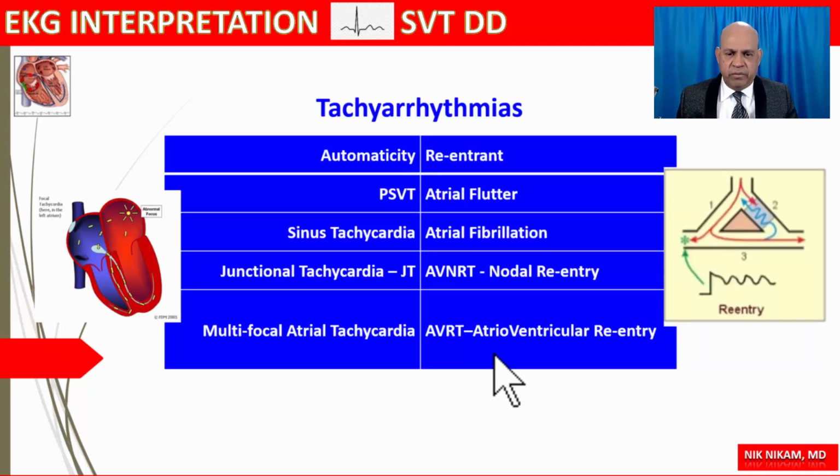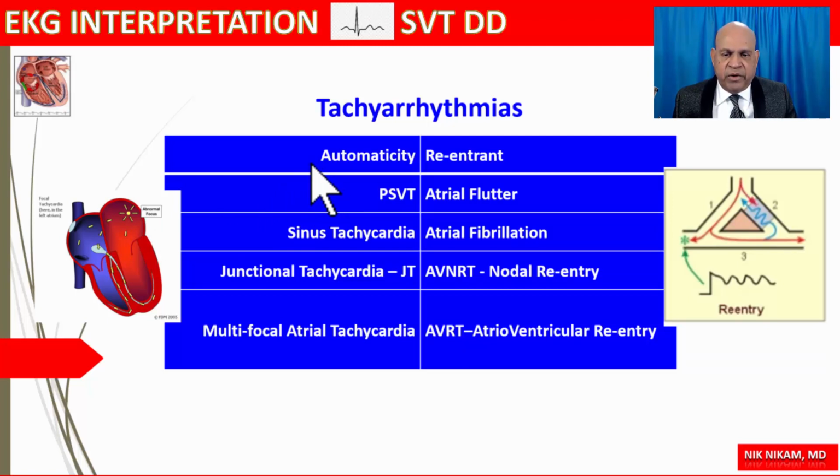Now, tachyarrhythmias. The supraventricular tachyarrhythmias can have 2 types of origin. Either they can be arising from an automatic focus which simply fires without any relationship to the rest of the cardiac rhythm, and it has its own rate. It is not interrupted by any other electrical activity in the heart, and that leads to rapid heartbeat with a narrow QRS complex.